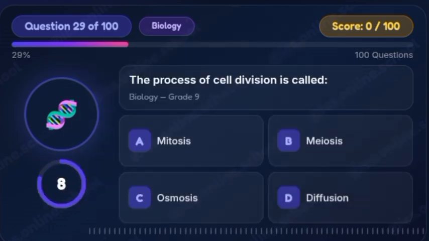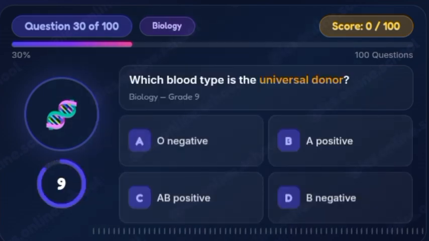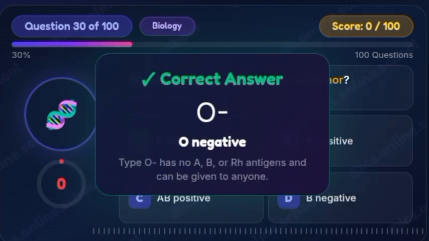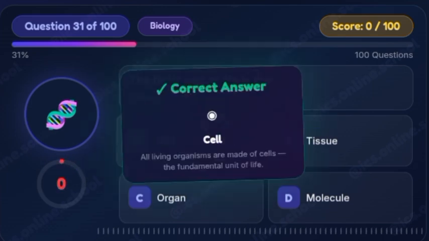What is the process of cell division called? Mitosis. Which blood type is the universal donor? O negative. What's the basic unit of life? Cell.